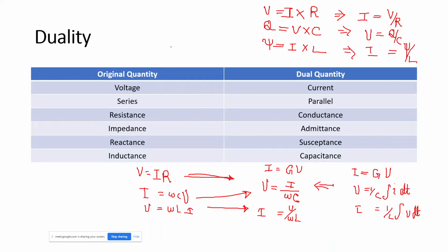How? Let me show you. So you have a voltage source, and across that voltage source we have a resistance R.